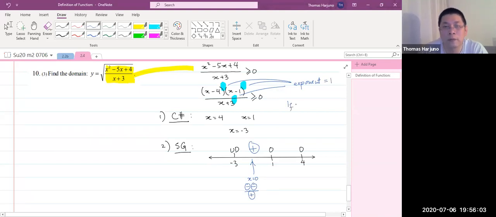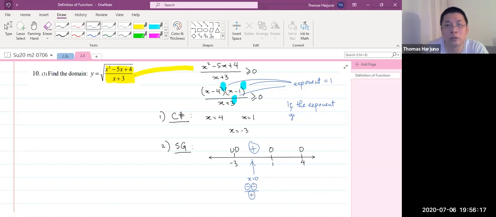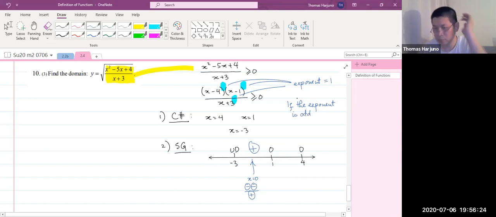If the exponent is odd, then the sign to the left and right of the critical number is different, is opposite.